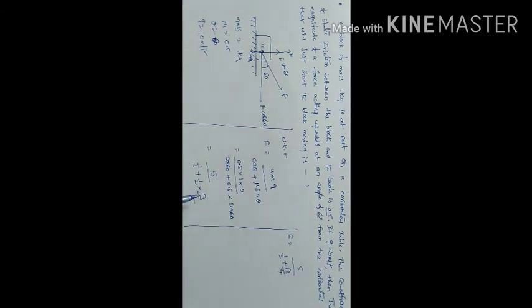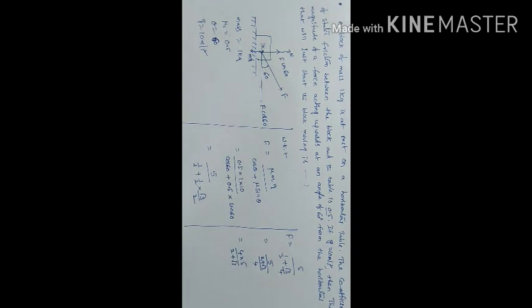Okay, now I am going to take the LCM. 5 by, LCM is 4. So here 2 plus root 3. That means reversing, 4 into 5 by 2 plus root 3.